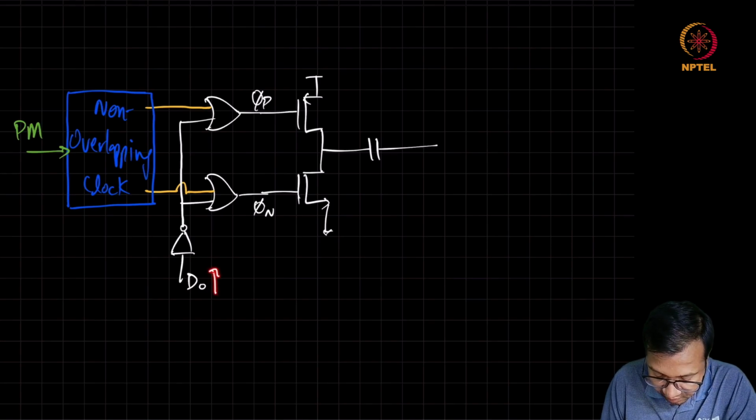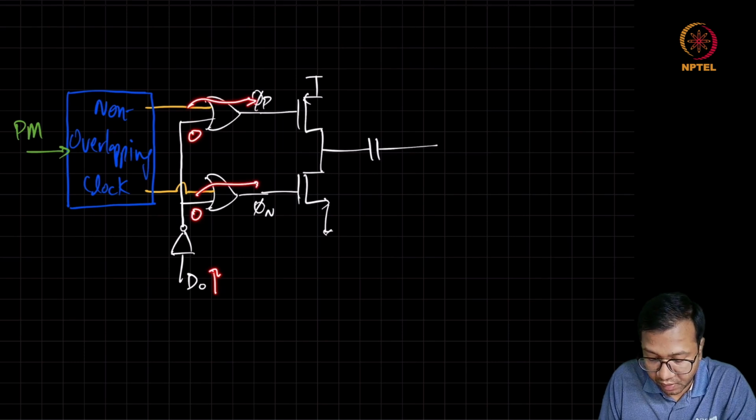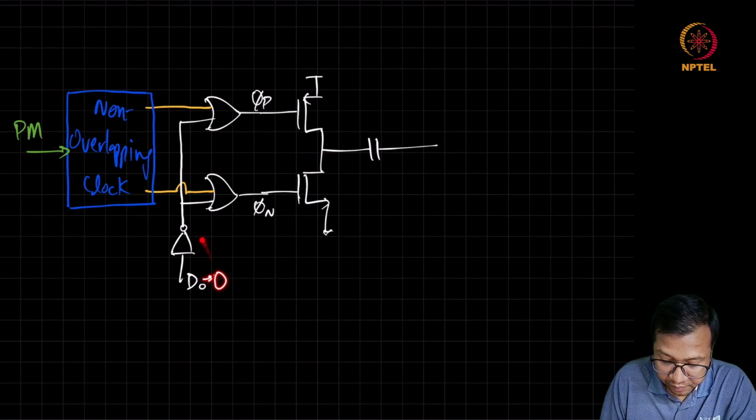so that when this digital code is high, then the output of the inverter is low. In such a scenario, the switching signal will directly pass on to the NMOS and PMOS, whereas when the digital code is 0, in such a scenario, the input to the OR gate is going to be high.